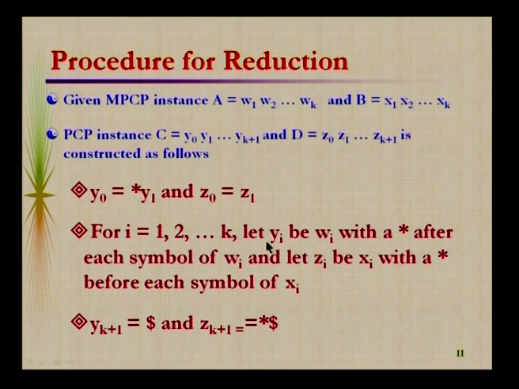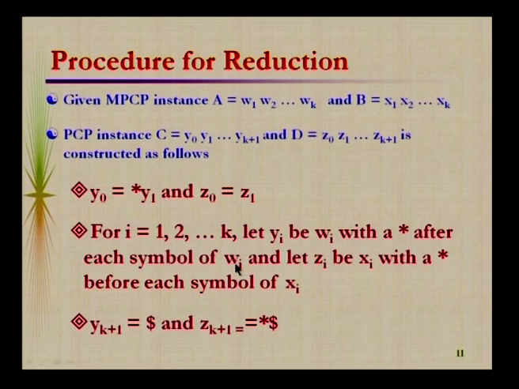First, look at the first line of the second point. yi is wi with a star after each symbol of wi, where the index i is from 1 to k. If you take a string such as w2, after each symbol in w2 you put a star, and the resulting string is y2. Whereas in the case of x, before each symbol in x2 you put a star.